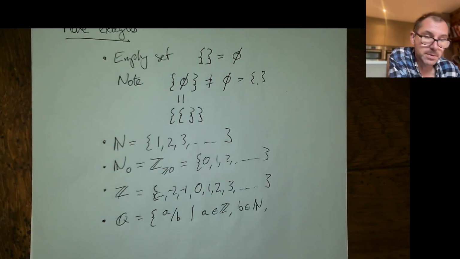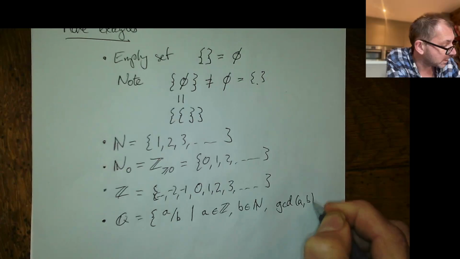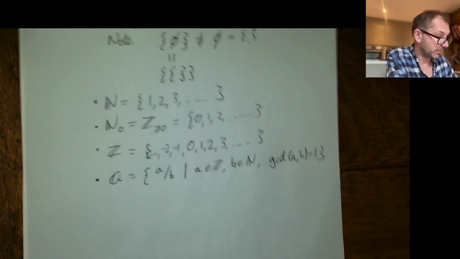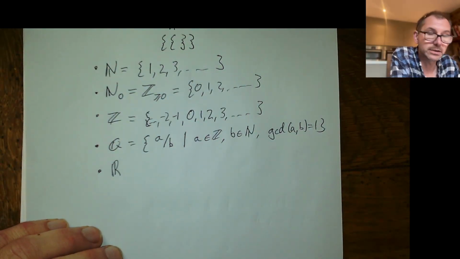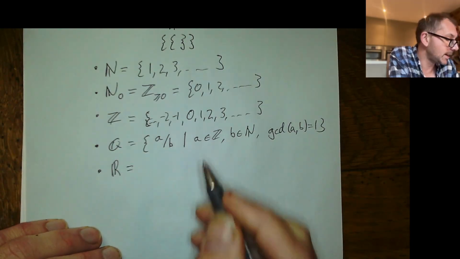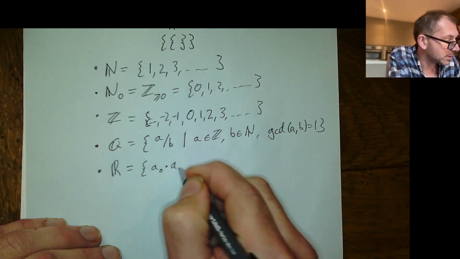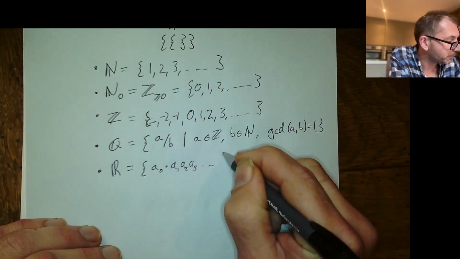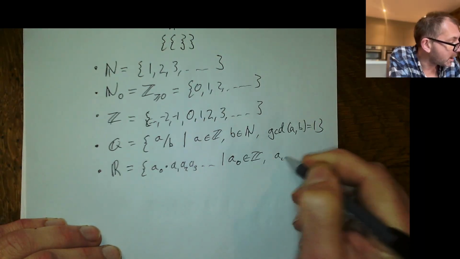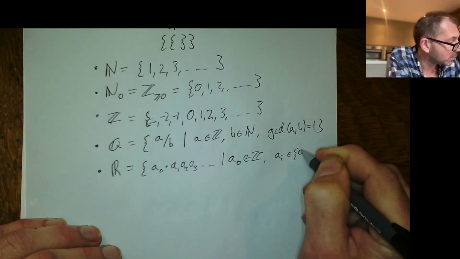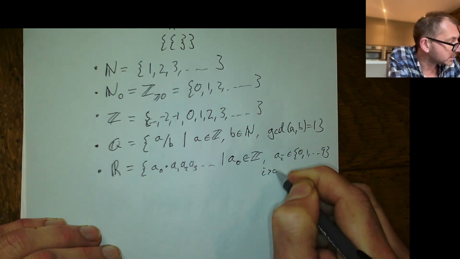And if I want to get rid of the duplicates, so I don't get things dividing top and bottom, I can also say that the GCD of a and b is 1.